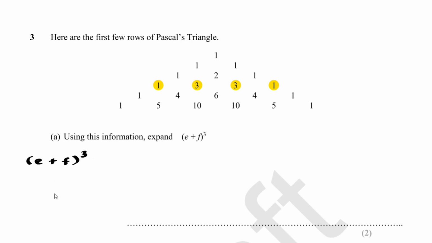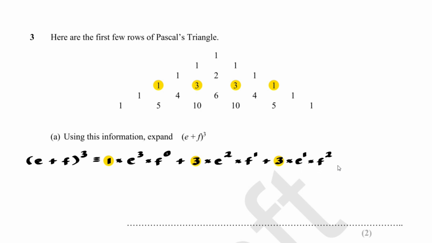e plus f to the power of 3, that's equivalent to 1 multiplied by e to the 3 multiplied by f to the 0 plus 3 multiplied by e squared multiplied by f to the 1 plus 3 multiplied by e to the 1 multiplied by f squared plus 1 multiplied by e to the 0 multiplied by f to the 3.